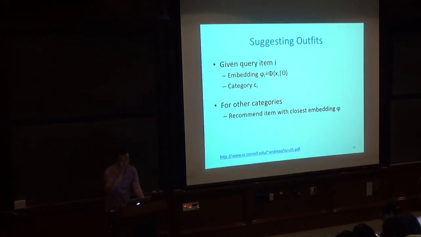So more formally, what they did was they had a query item, and this query item has an embedding and a category. And then for all the other categories, recommend the item with an embedding closest to the query embedding. That's basically what they did.